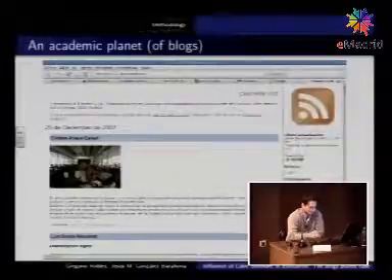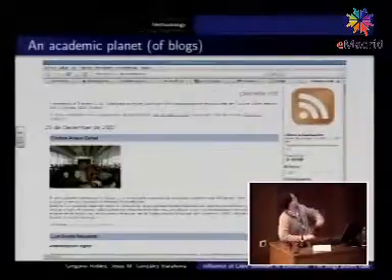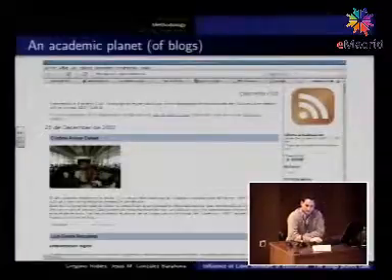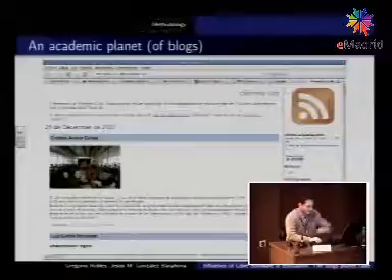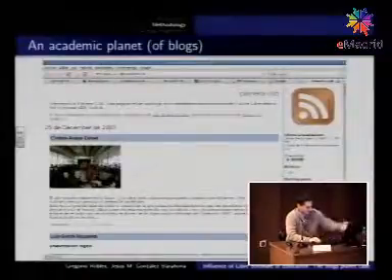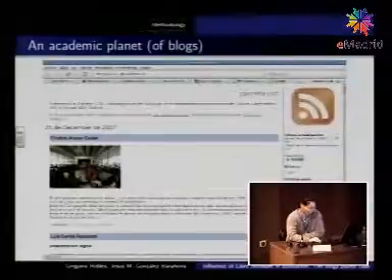As you see on the left-hand side, you can see the participants list. Those are the students and the links to the blogs. On the right-hand side, this is the latest entry of one blog, and then the second one over there.